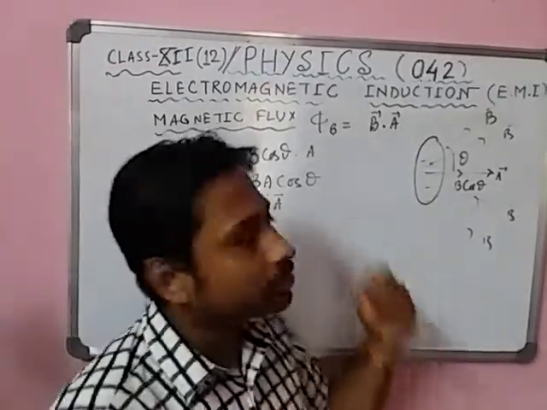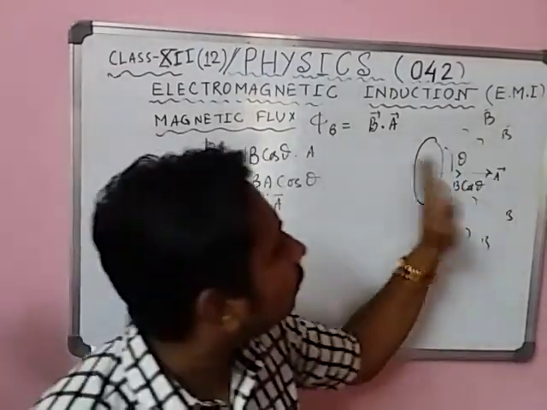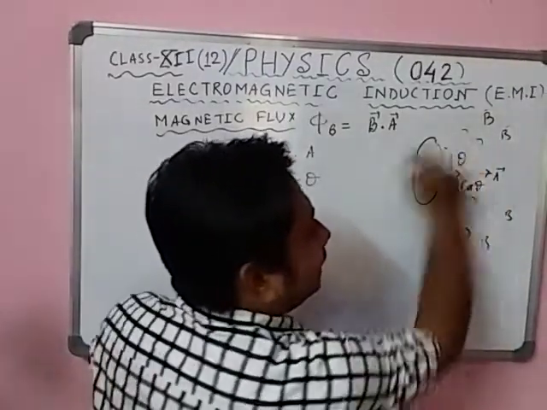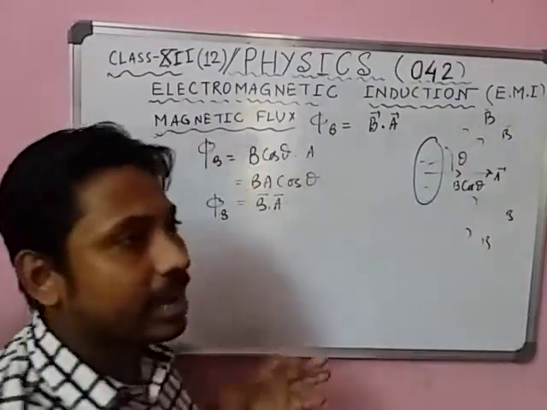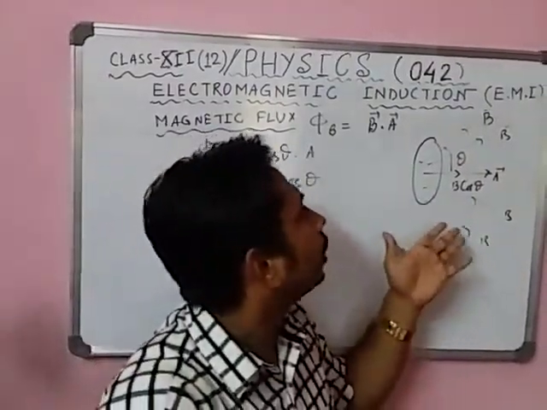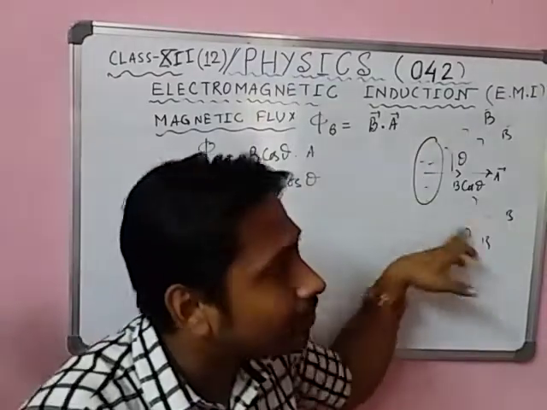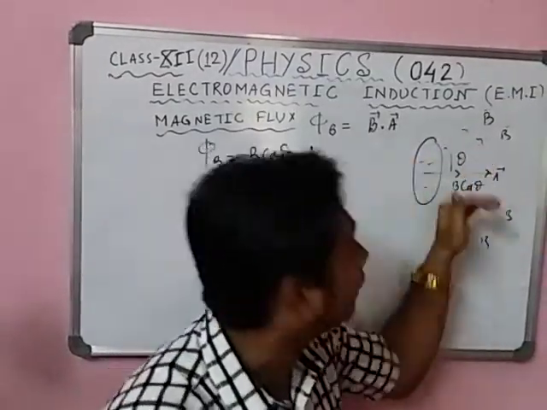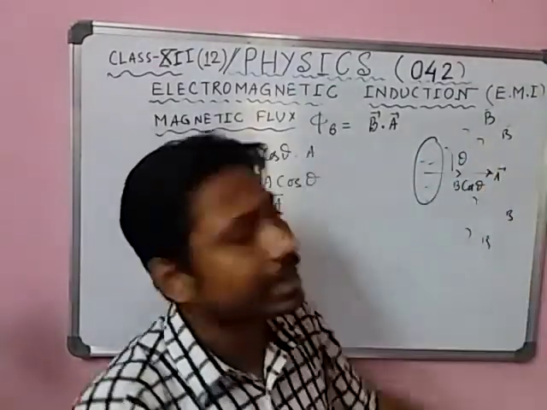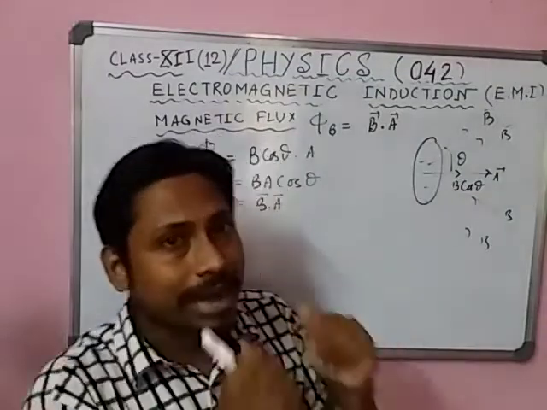So, students, what is called flux? The total number of lines passing through that area is called magnetic flux.